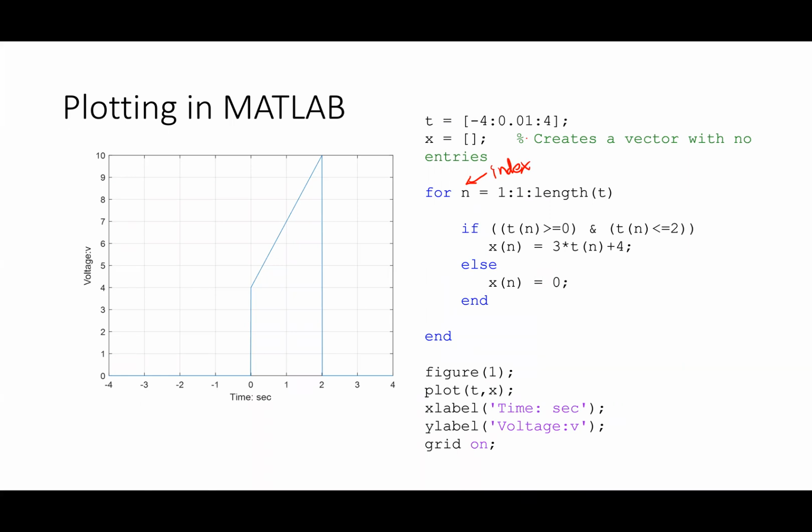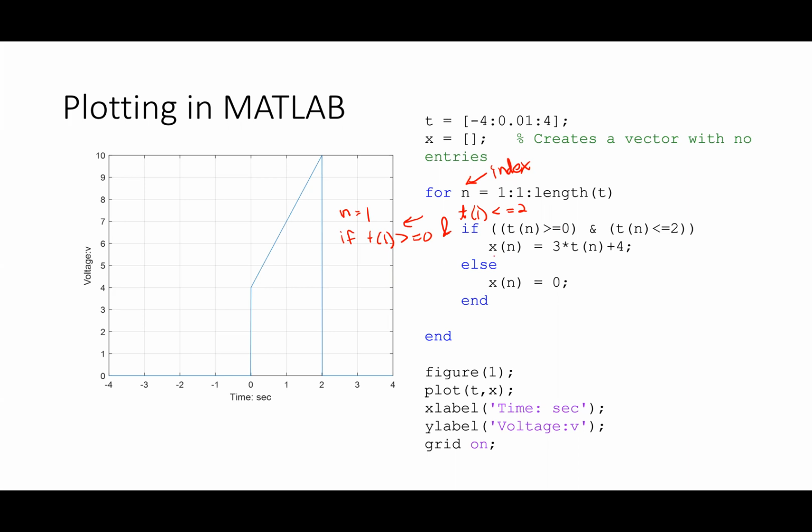Think about how it executes: initially it sets n equal to 1, and then checks whether t of 1 is greater than or equal to 0, and (the ampersand means and) t of 1 is also less than or equal to 2.